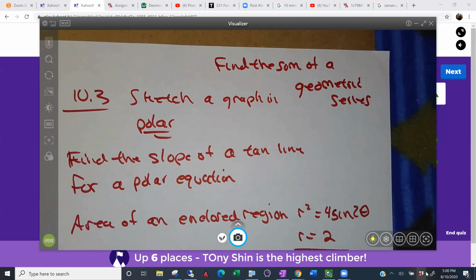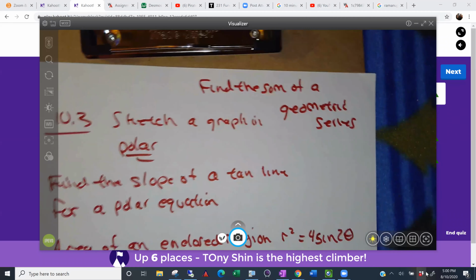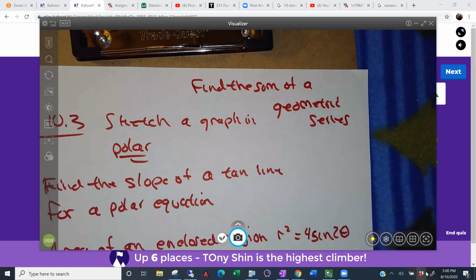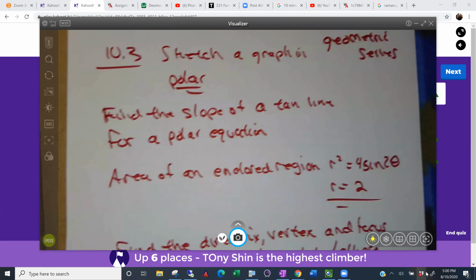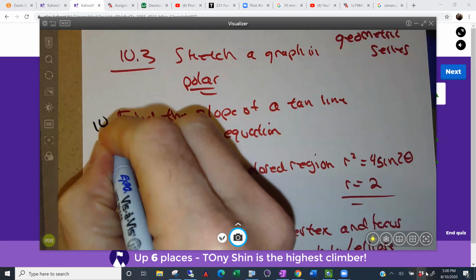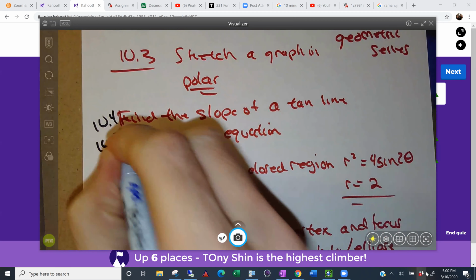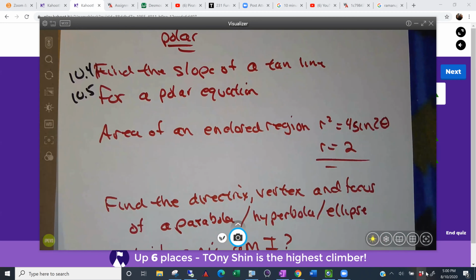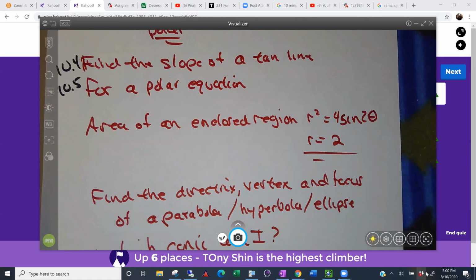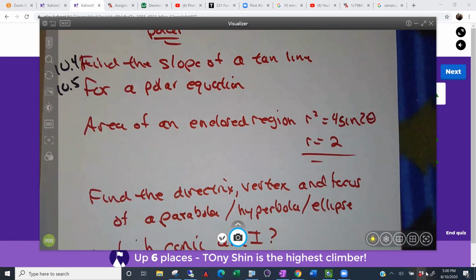For this review sheet that you just wrote down, could you put the sections next to each? I don't know the sections off the top of my head. I mean, this is like 10.4 or 10.5. Area of enclosed region, I think that's like 10.5 as well.